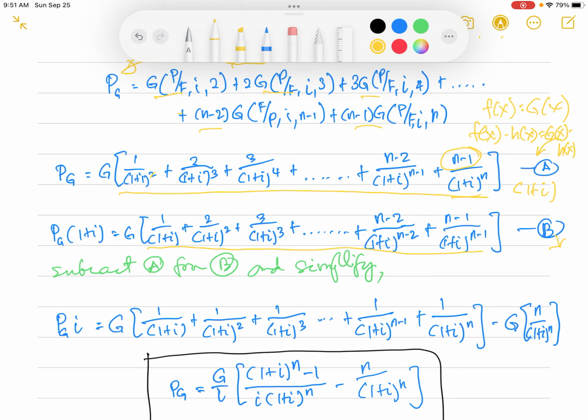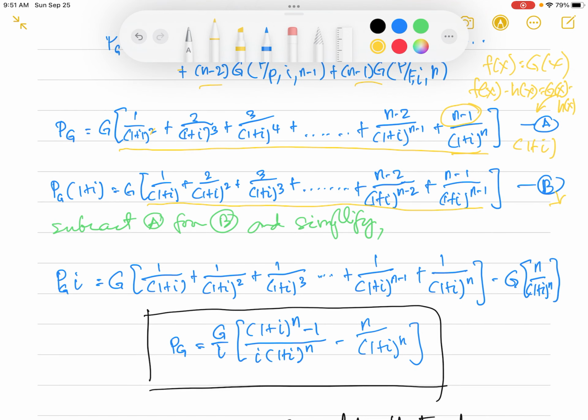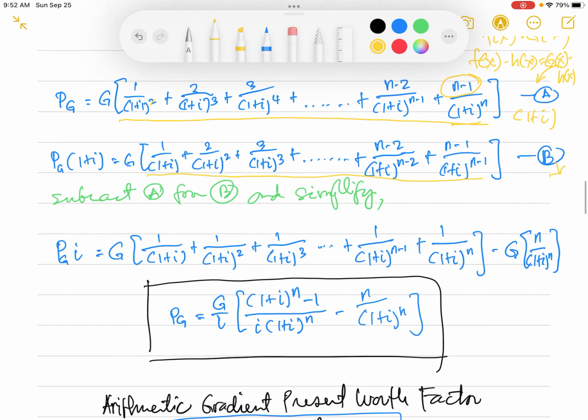You recall that. Subtracting the same quantity on either side of the equation results in the same thing. So that's what we're doing here by subtracting A from B and simplifying. So you get this formula. You can do this on your own. Try to practice and see if you come up with the same formula.